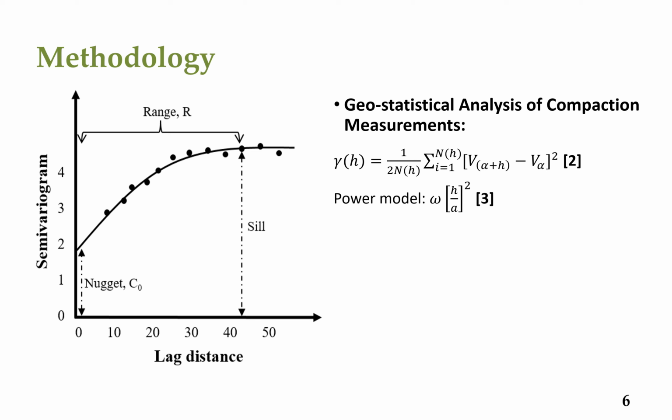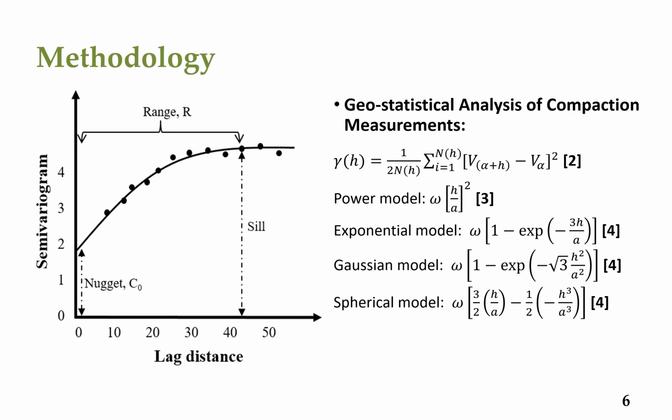And again, there are four different types of semi-variogram model that can be fitted to the data: power model, exponential model, Gaussian model, and spherical model. We have used all these models in this study except the power model.